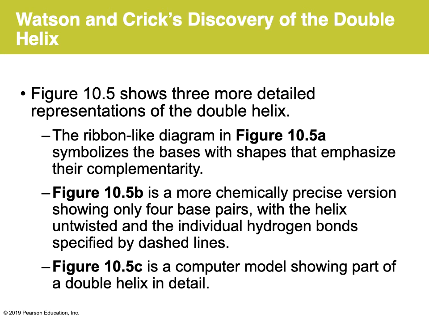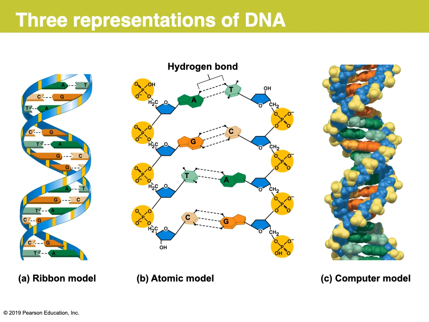All right. So the next diagram coming up is just going to show, again, more visual ways of looking at this. Sometimes it uses shapes that emphasize the complementarity. Others show more specifically what the hydrogen bonds look like. So again, just different ways of seeing this represented, right?